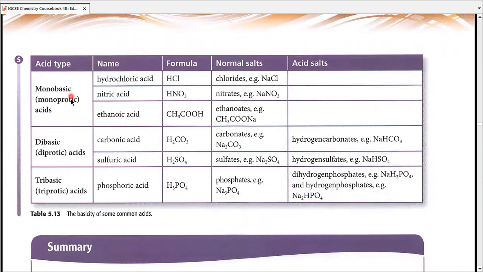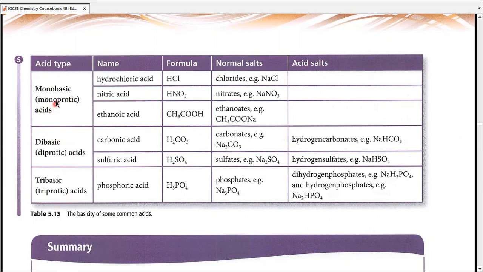And we name three different acid types: monobasic, dibasic, or tribasic. An acid that can utilize one base ion, or two base ions, or three base ions. That's what this means. Or another way of naming them is monoprotic, diprotic, or triprotic.